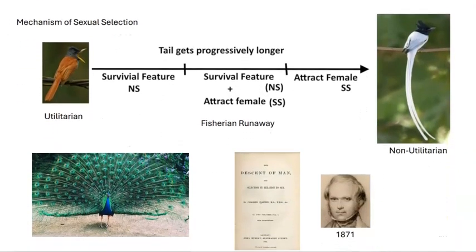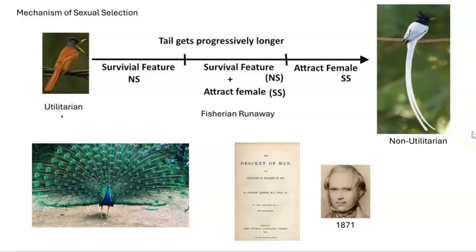The mechanism of sexual selection often begins with a utilitarian, naturally selected feature, such as the tail feathers of a bird. So that's what we would have at the beginning. Then, as the tail gets progressively longer, we get the combination of the utilitarian survival feature, having a tail which allows good flight, with the ability to attract females through sexual selection.